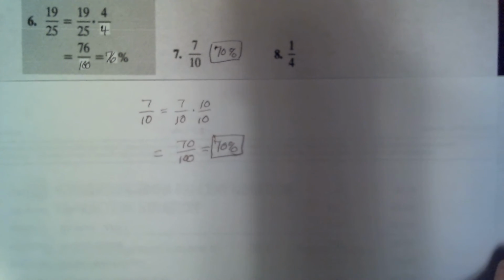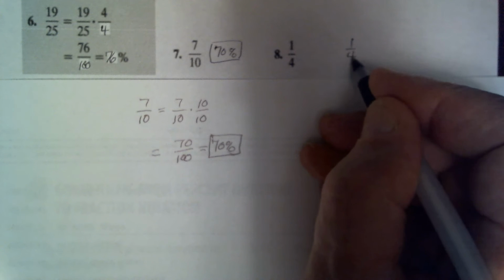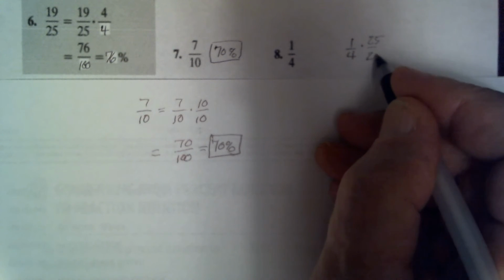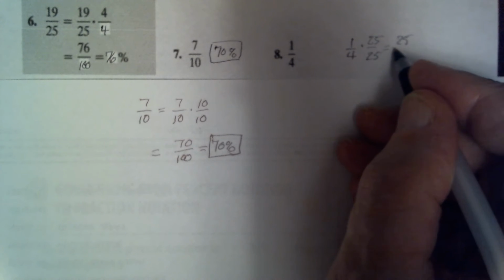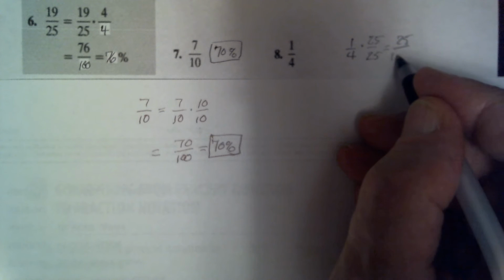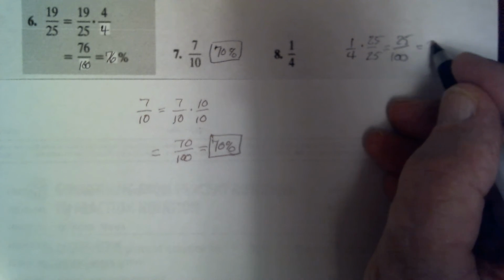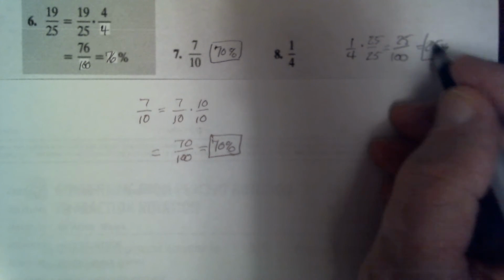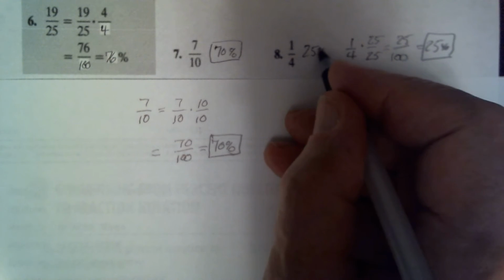And for number 8, we can do something similar. 1/4. We multiply numerator and denominator by 25. Then we have 1 times 25 is 25, divided by 4 times 25 is 100, and 25 divided by 100 is 25%. So here the answer is 25%.